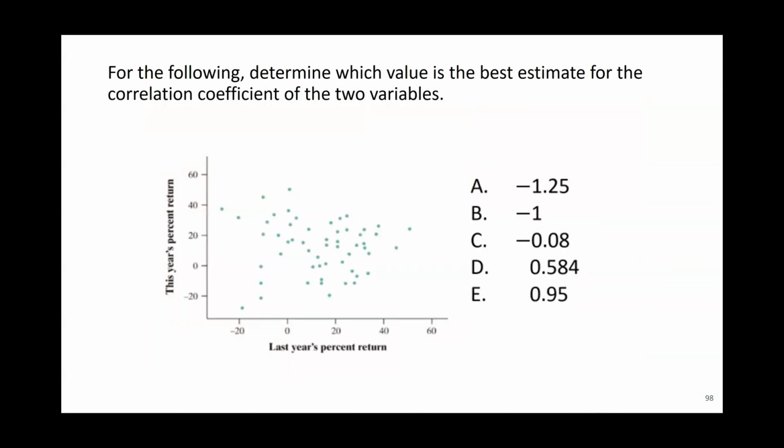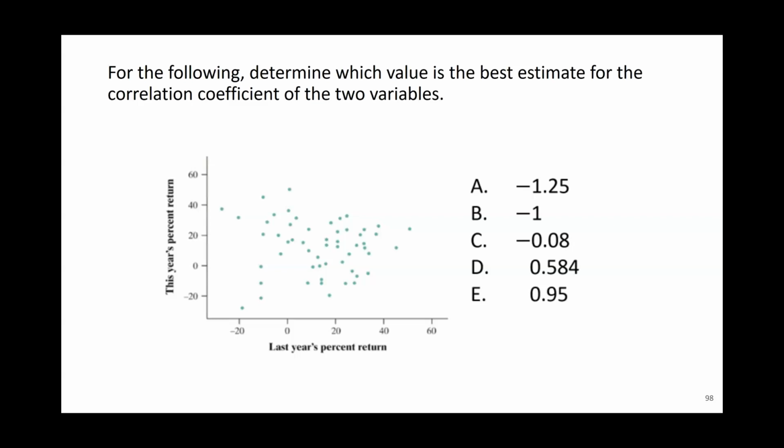So here's an example. Determine which value is the best estimate. Knowing nothing about actual calculating here, what is our best estimate? I'll give you a second here. Okay. As before, one thing that I was a big fan of doing is reducing the number of answer options.